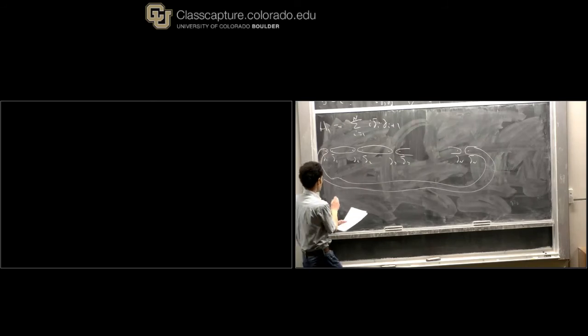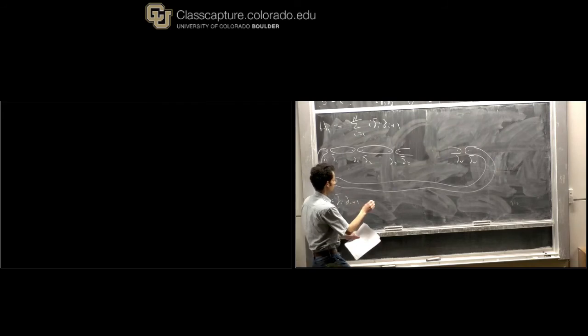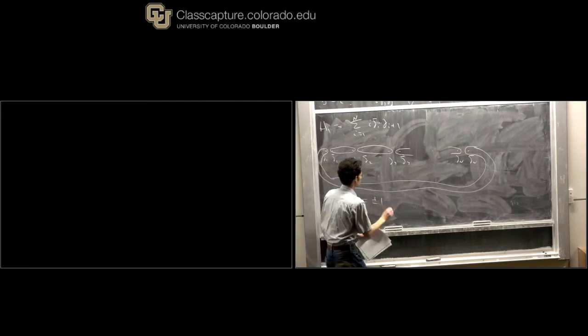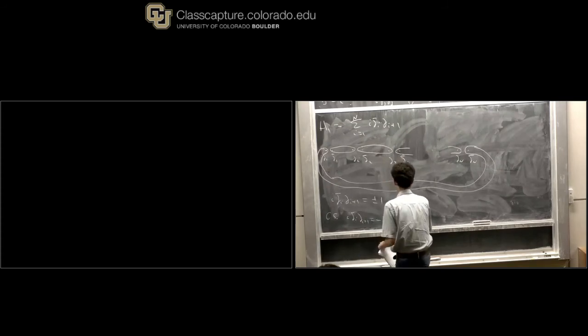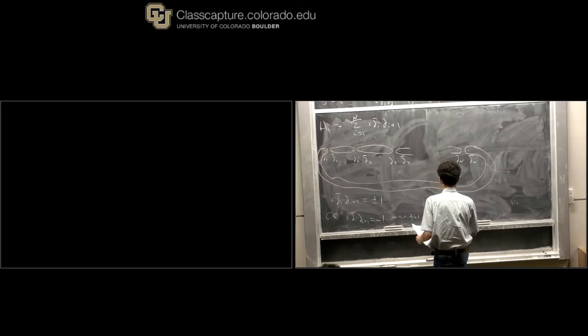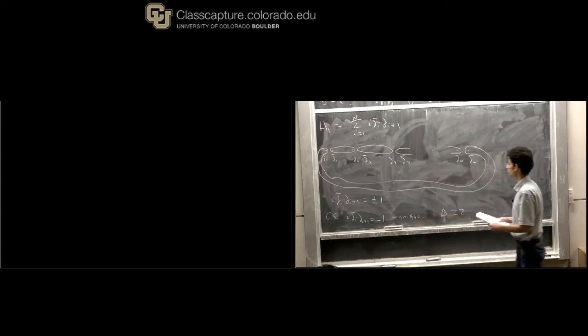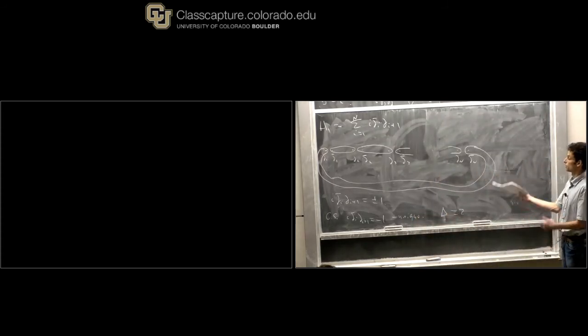So it's the same spectrum: i gamma i bar gamma i plus 1 can take on values plus or minus 1. The ground state is unique, when all of them are minus 1. Gap delta equal to 2.